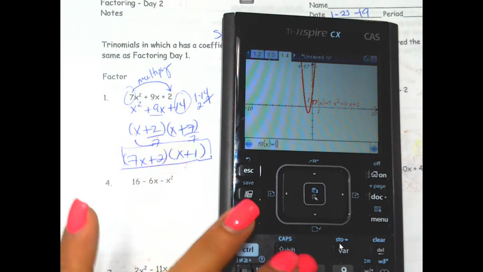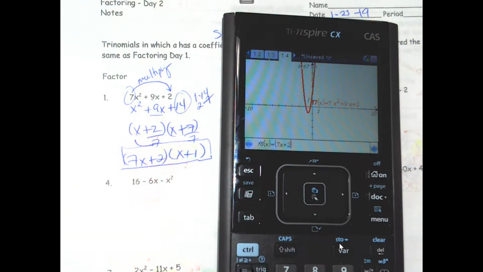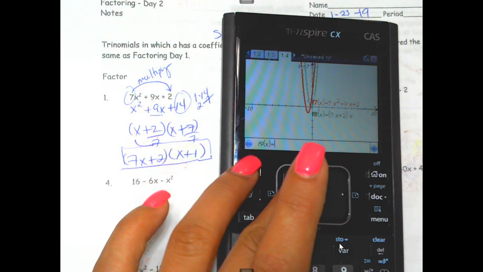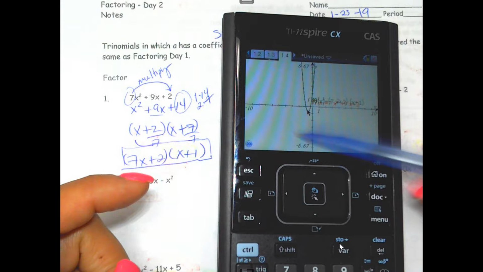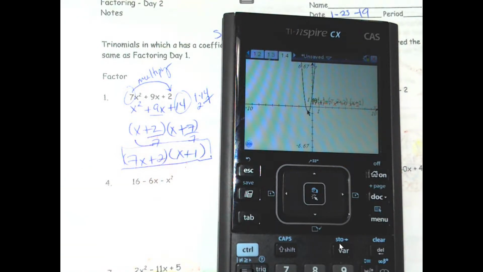Open parentheses, 7x plus 2, close parentheses, open parentheses, x plus 1, close parentheses. When you hit enter, they need to graph on top of each other, meaning they're the same equation, so that is correct. We factored it out correctly, so that's our answer.